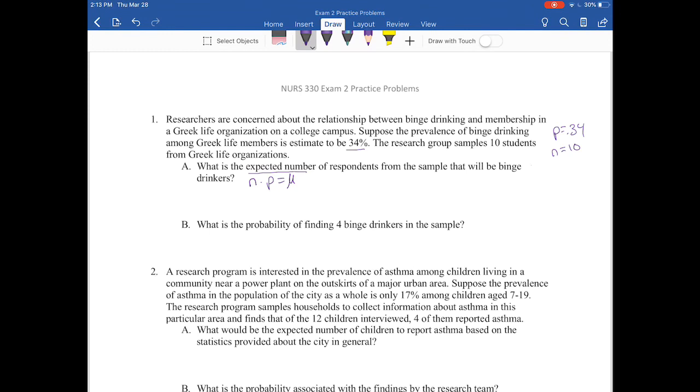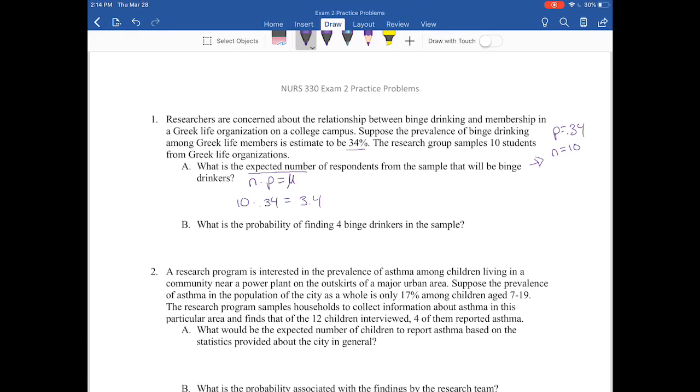On the side here, we already have our N and P laid out for us. So it's N, which is 10, times 0.34, which equals 3.4. So the average that we expect to see from this is 3.4 students that are part of Greek life that binge drink.